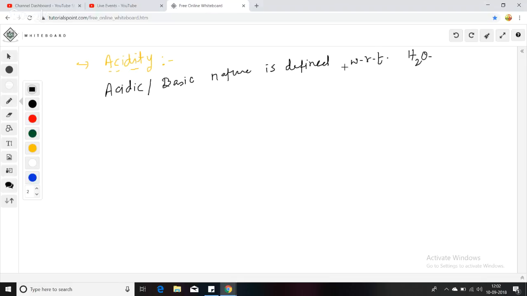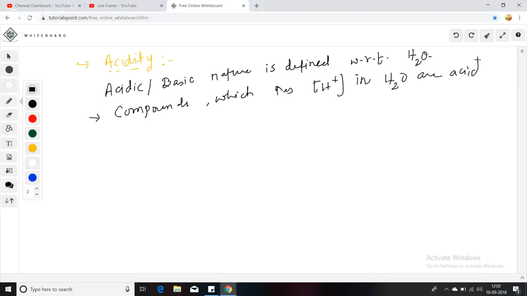Compounds which increase the concentration of H plus in water, in H2O, are acids. Definition I'm giving you: compounds which increase the concentration of H plus in water are acids, meaning they donate H plus ion to the water.